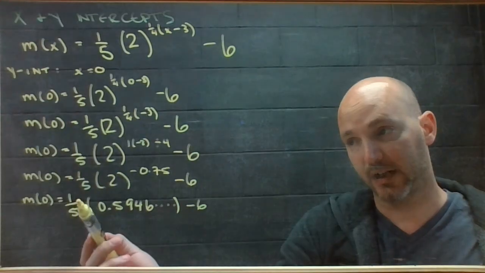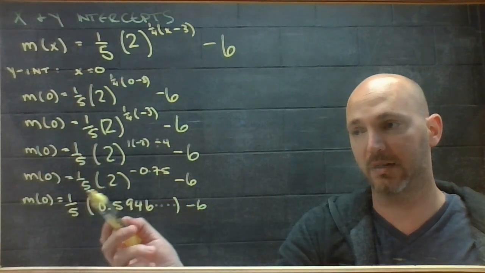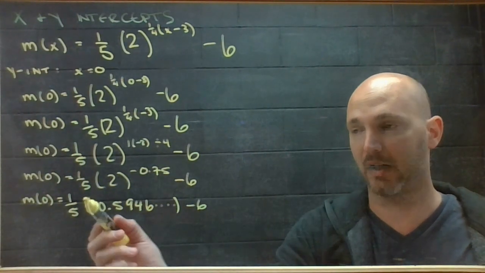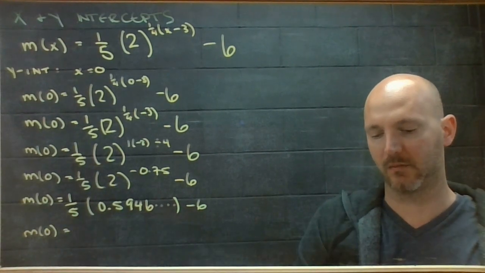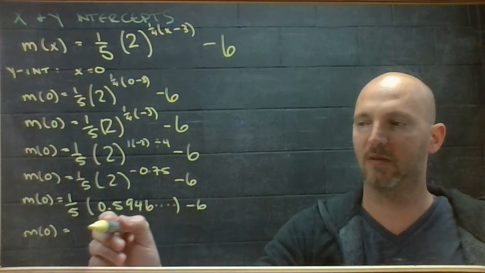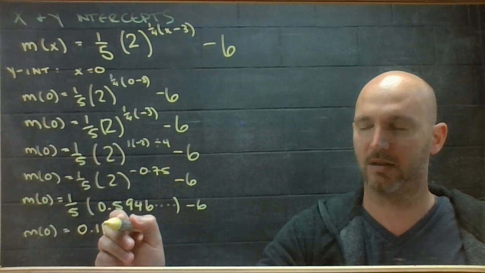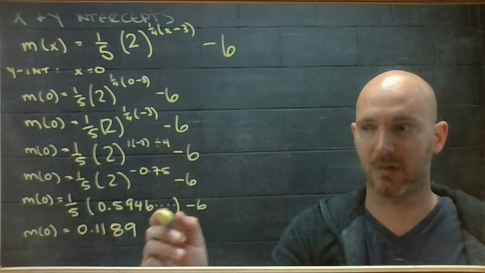To finish, I need to work out this fraction. So just like up here, 1 times this divided by 5 gives me 0.1189 minus 6.